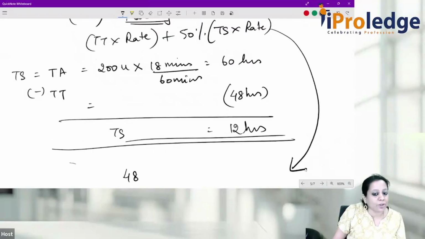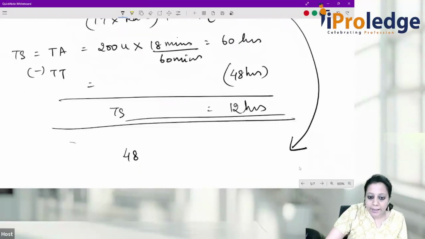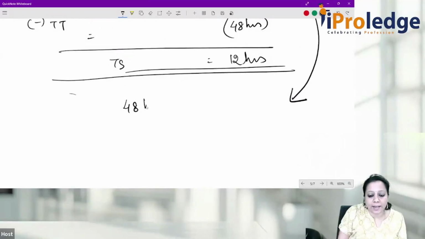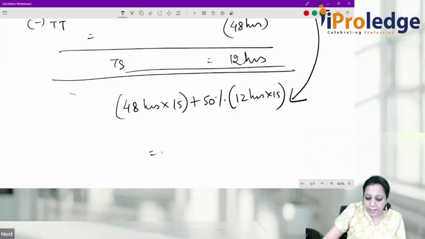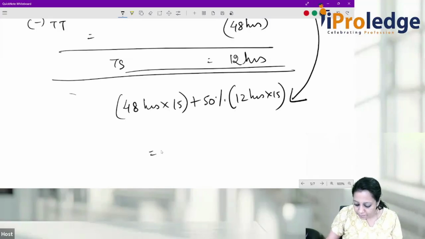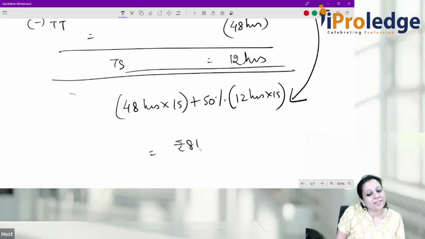Time taken is 48 hours into rate is 15, plus 50% of time saved, which is 12 hours into 15. Please do the calculation and tell me. 810. We have done this already.